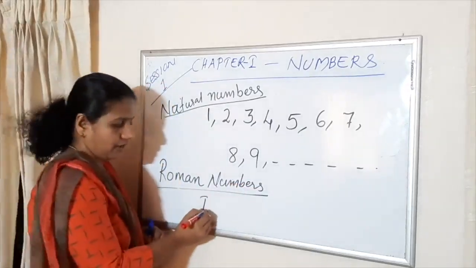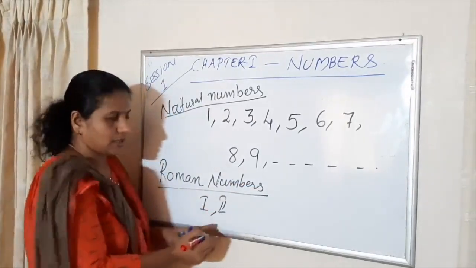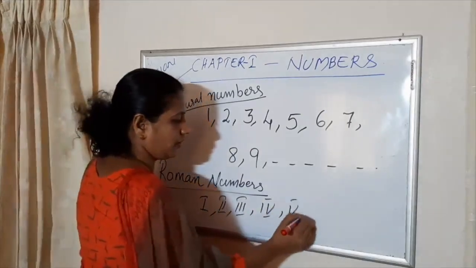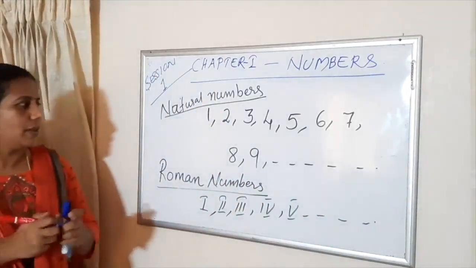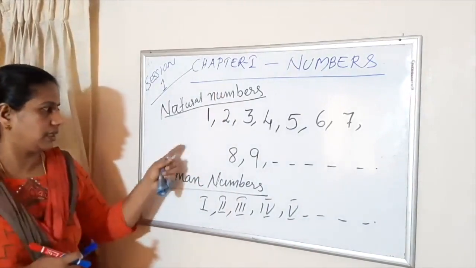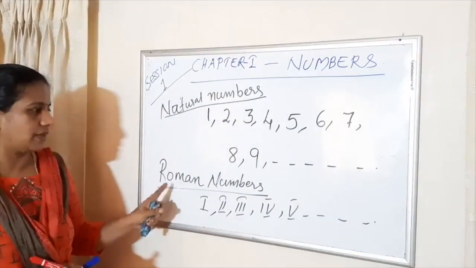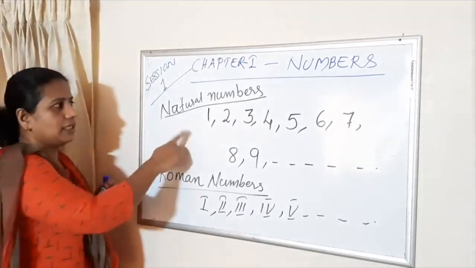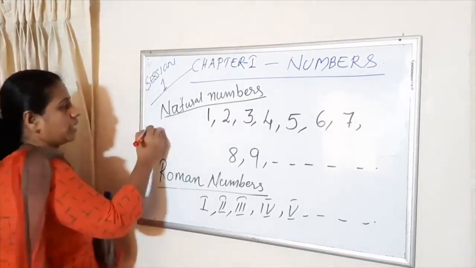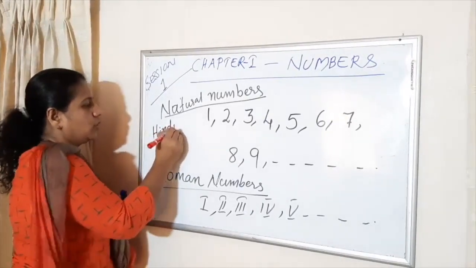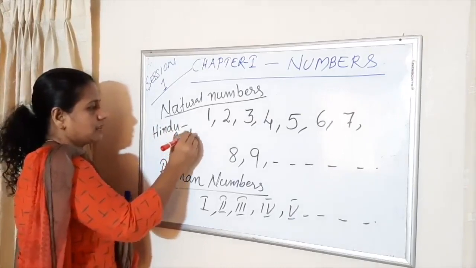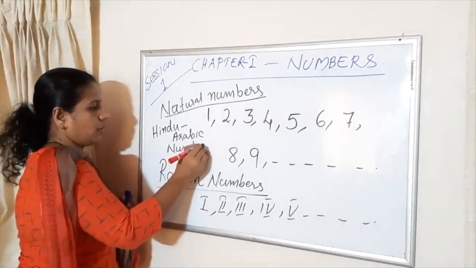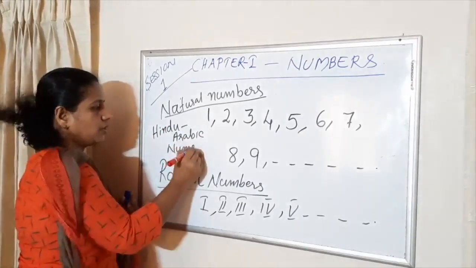Like this way: 1, 2, second standard, 3, 4, 5, etc. These are the main numeral systems we are studying. That is, one is natural numbers and one is Roman numbers. This natural number system is also called Hindu-Arabic numbers, or numerals.